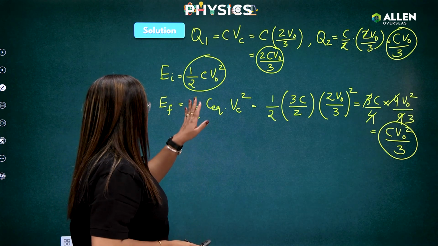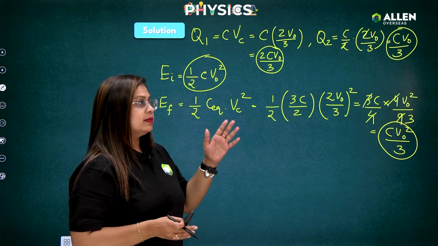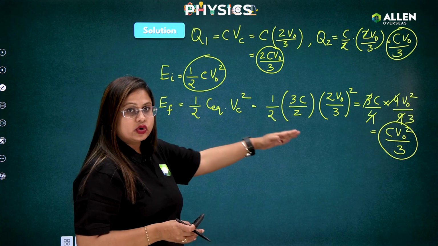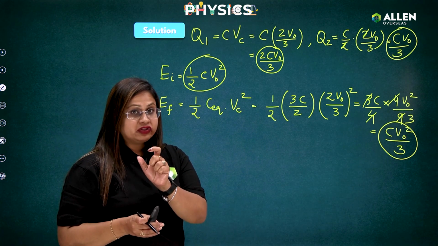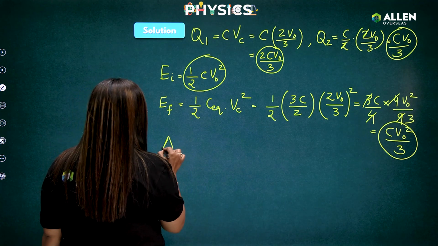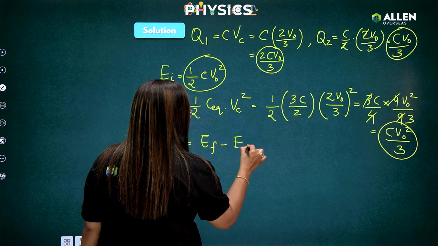Clearly the numerators of the expressions are the same, but the denominators are different, and it is clearly seen that the initial energy is more than the final energy. We are required to find the difference of the energy of this system. So we write E final minus E initial.